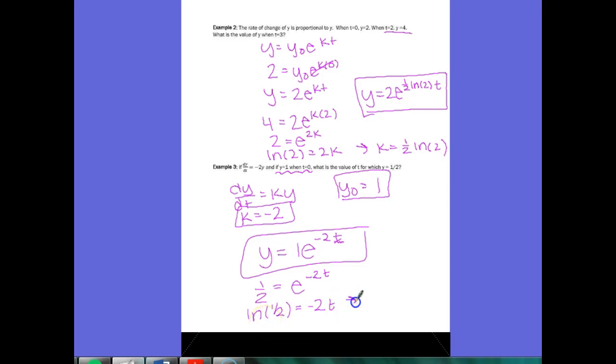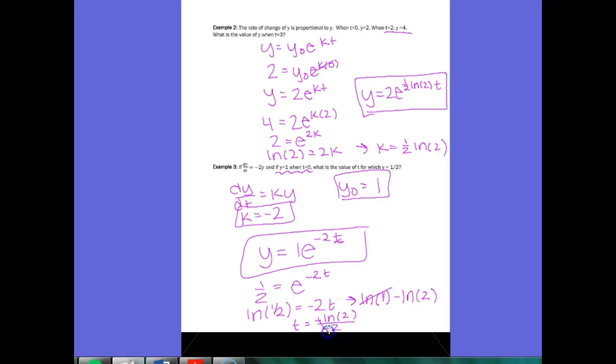The ln of 1/2 is really like the ln of 1 minus the ln of 2. What do you know about the ln of 1? It's 0. So the ln of 1/2 is really negative the natural log of 2, which makes this a little bit nicer, because t is negative ln 2 over negative 2.